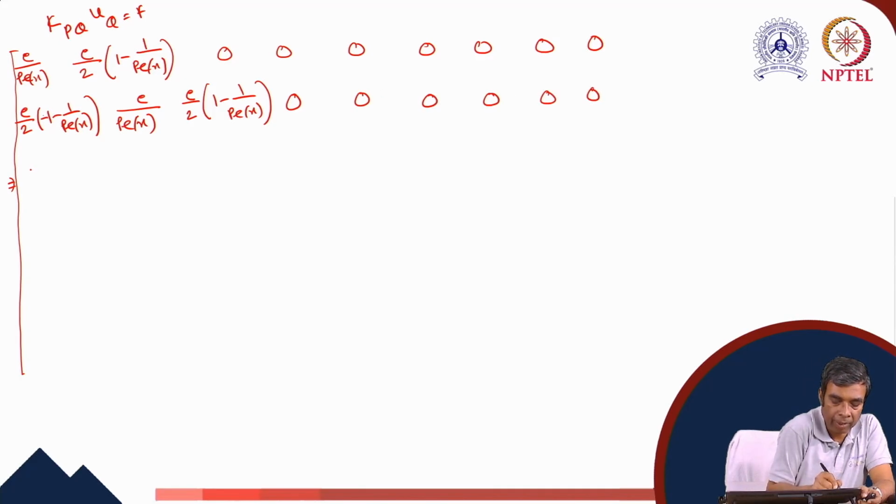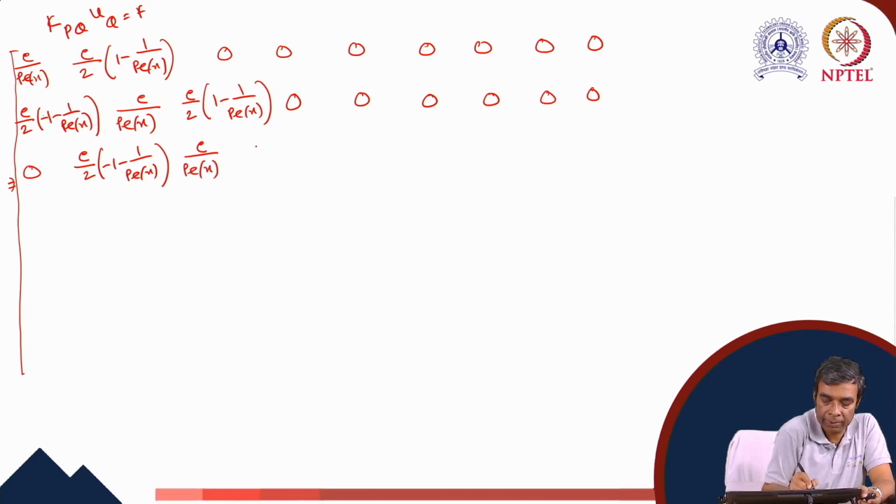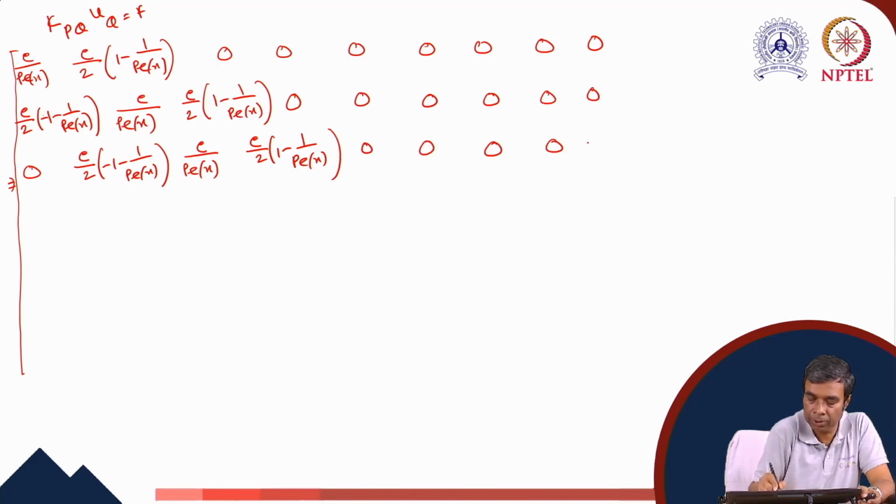Then we have the third equation, 0, C by 2 into minus 1 by PEX, C by PEX. The next term will be C by 2 into 1 minus 1 by PEX, then 0, 0, 0, 0, 0.